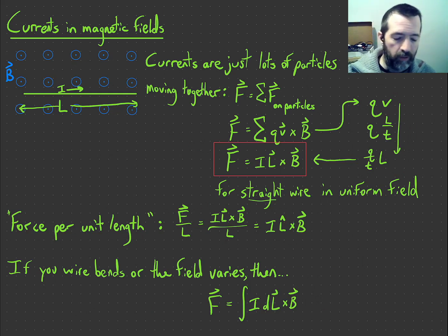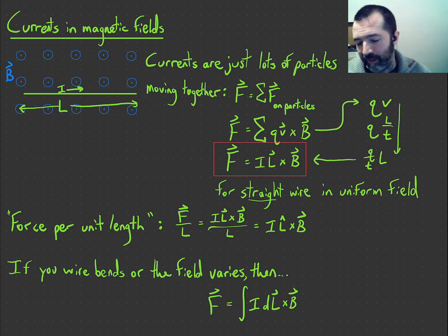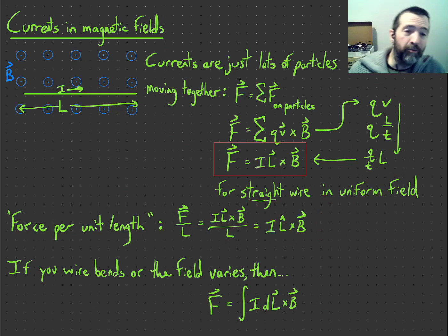Now you might wonder, why would we bother to deal with this? And the reason is that if, for example, the wire in your question is infinitely long, which is a thing that physics problems will do, they'll say you have a very long straight wire. Very long means infinite in physics problem speak.